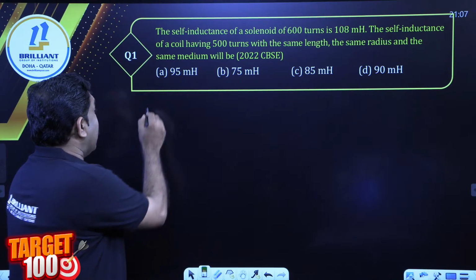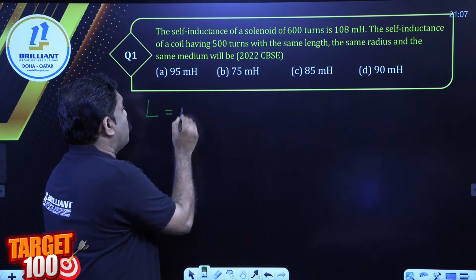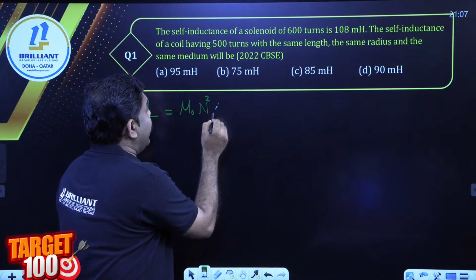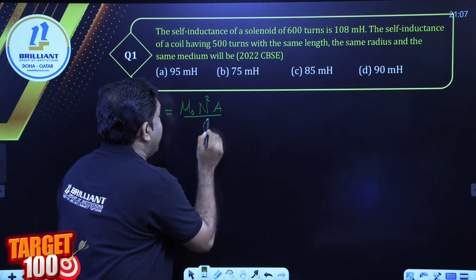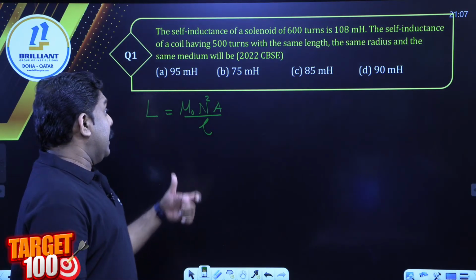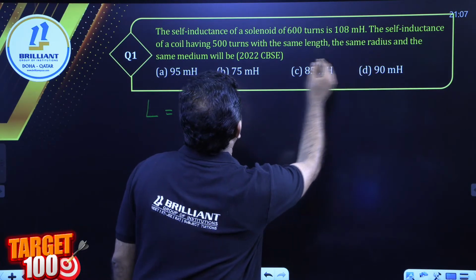The formula for self-inductance is L equals mu naught n square A divided by l. Now they said in the question that the length, radius and medium are the same.